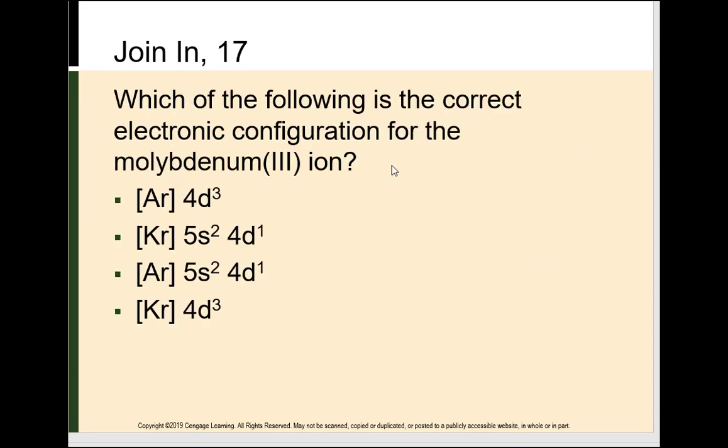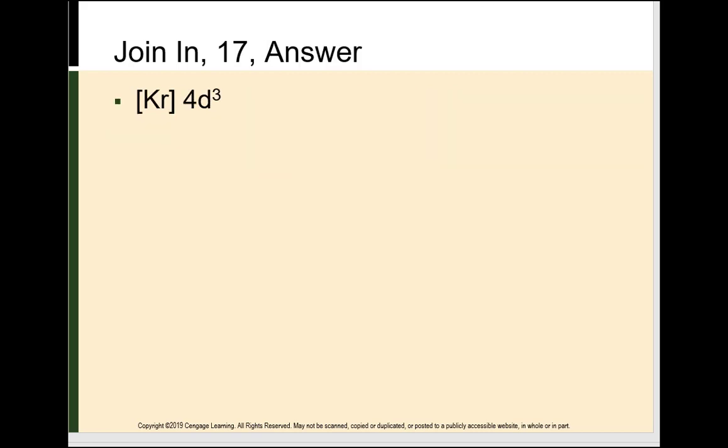You're doing great. Let's do a few more just to bring it home. Molybdenum 3+. Which one is the correct electron configuration? Hopefully you got this answer. If we were to look at molybdenum, the noble gas before it is krypton.